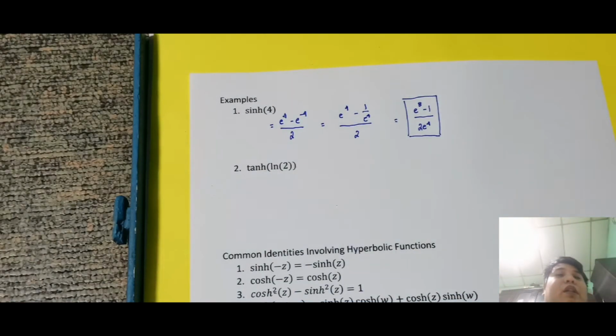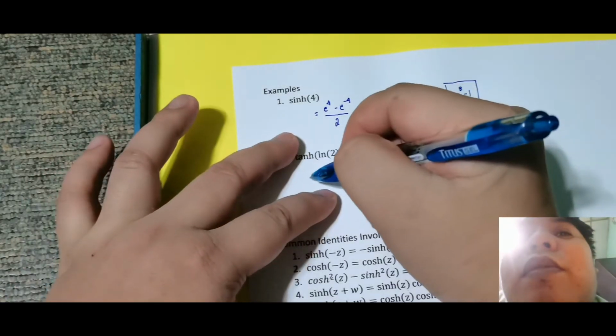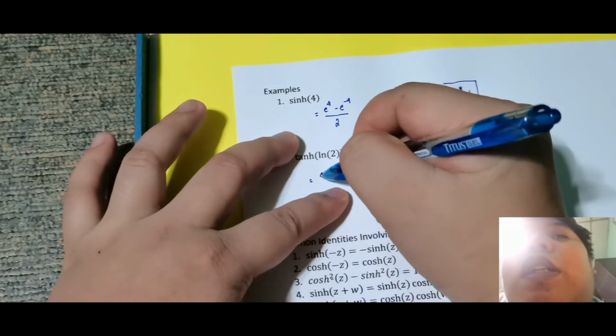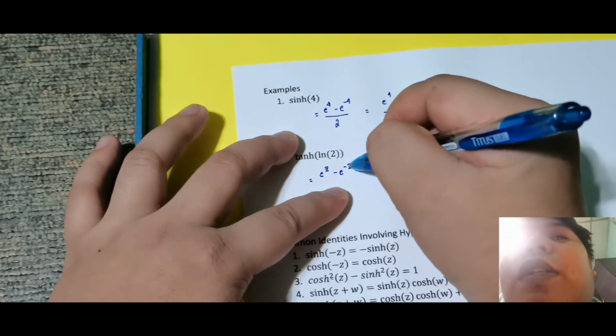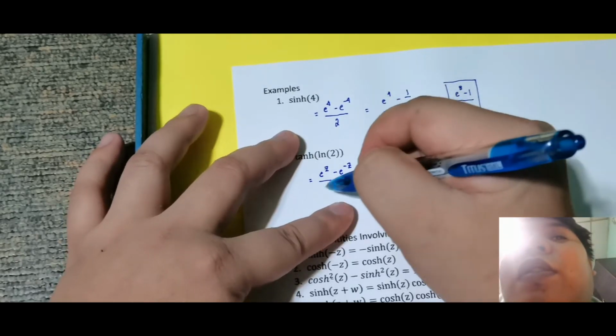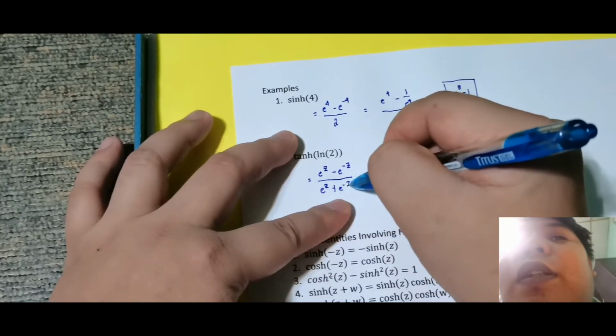Okay, next is let us evaluate hyperbolic tangent of ln of 2. So note that hyperbolic tangent, nasulat ko na kanina, is equivalent sa e raised to z minus e raised to negative z all over e raised to z plus e raised to negative z.